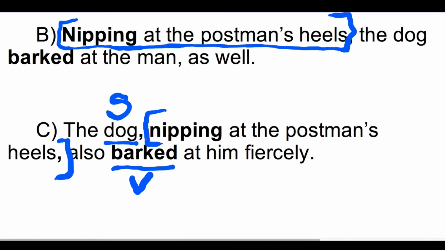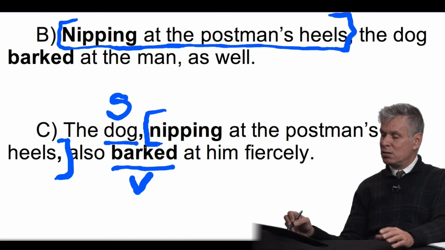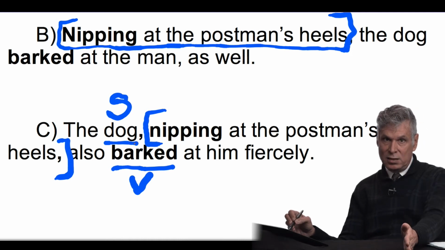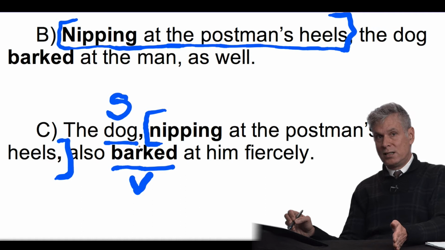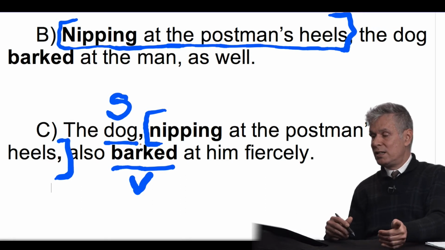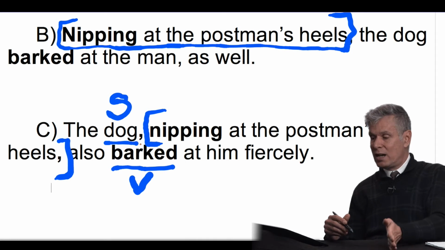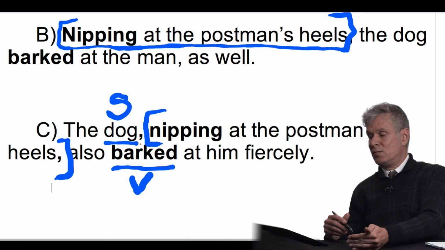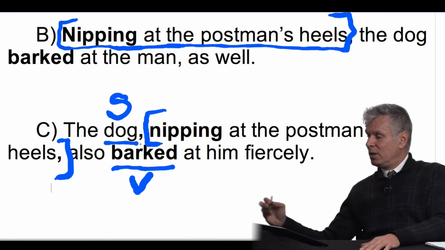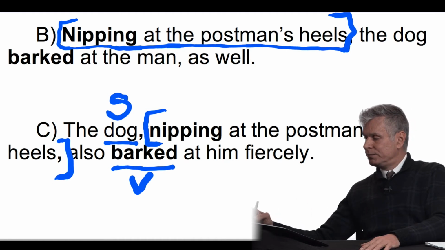And notice in this case that there's a comma to mark the beginning and also to mark the end of that participial phrase. The dog, comma, nipping at the postman's heels, comma, also barked at him fiercely. Okay, so try all three, keeping in mind what I said about the third one.